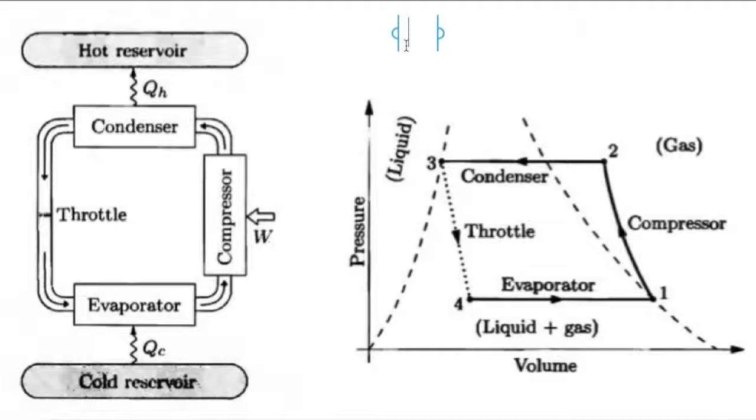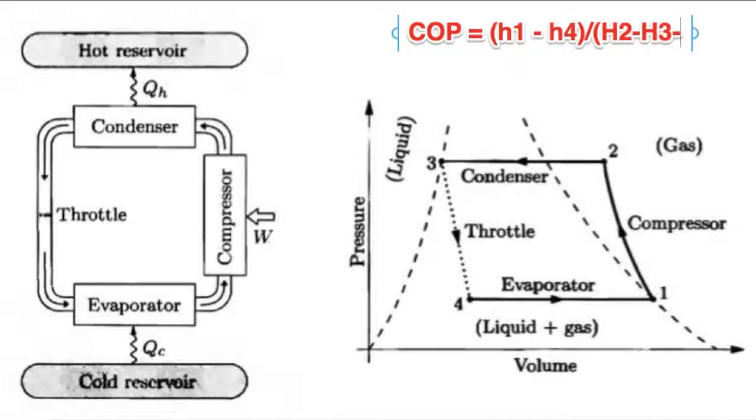The book in each chapter goes into detail about the coefficient of performance, and initially it just says that it's H1 minus H4, meaning the enthalpy at point 1 minus H4, all over the quantity H2 minus H3 minus H1 minus H4.